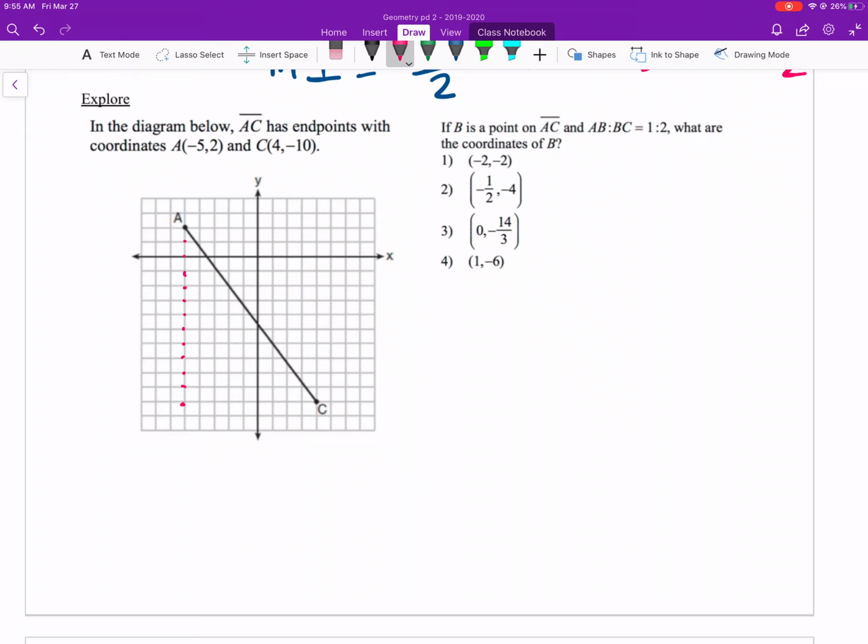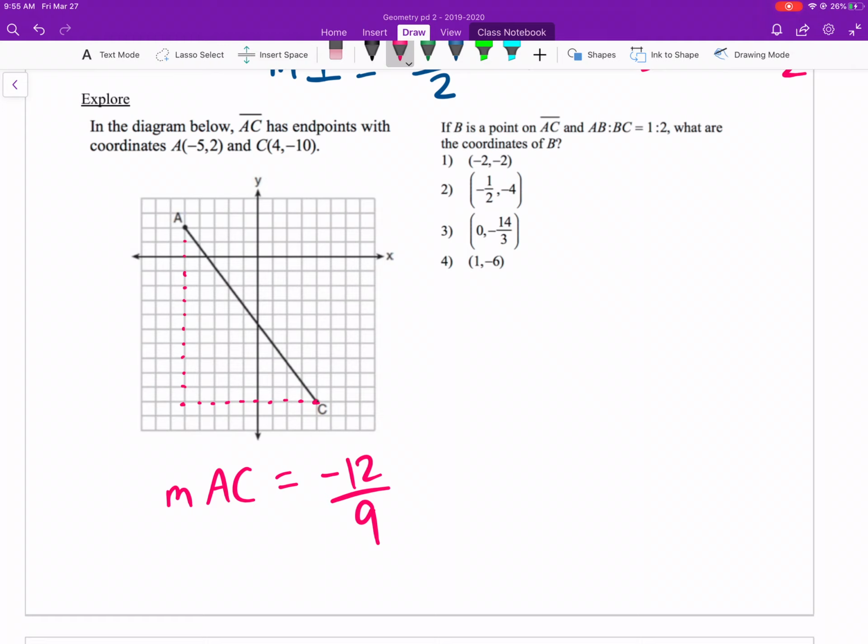So down 12, and then right 1, 2, 3, 4, 5, 6, 7, 8, and 9. So you might see that the slope of AC is equal to negative 12 over 9.